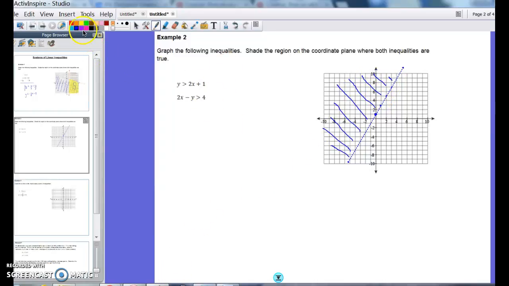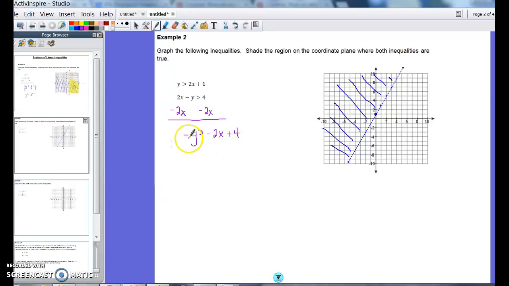Okay, that second equation then, right now it's not in the form for me to graph it yet. So I have to get it in y equals mx plus b form. So the first thing I'm going to do is subtract that 2x from both sides. And that gives me negative y is greater than negative 2x plus 4.